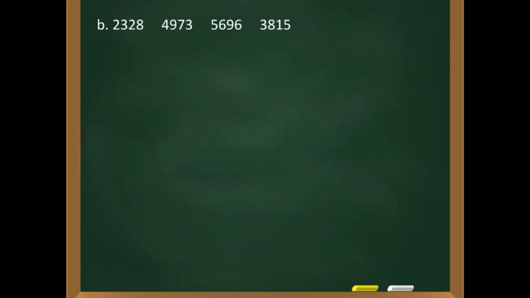Even number because it is having 8 in ones place. And 4973 is an odd number. And 5696 is an even number because it is having 6 in ones place. And 3815 is not an even number.